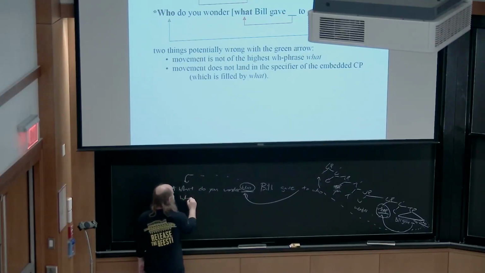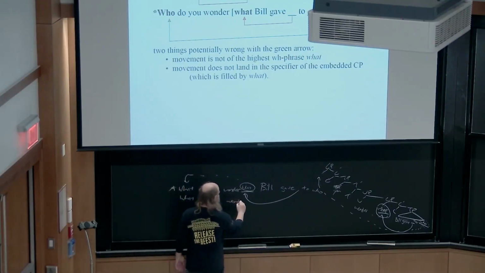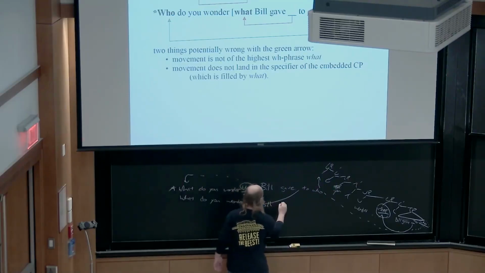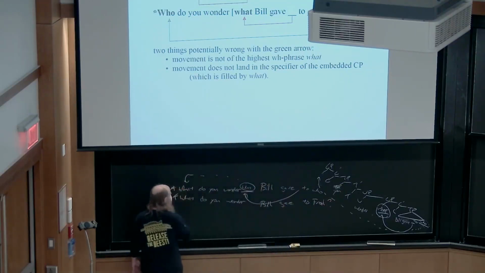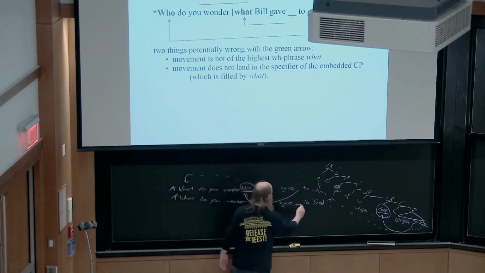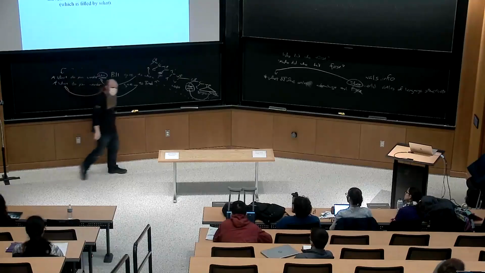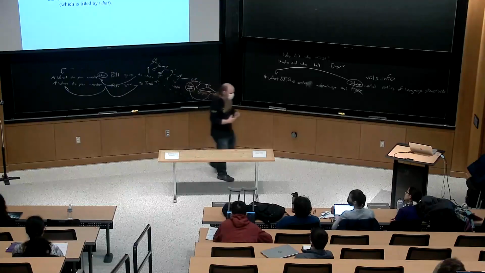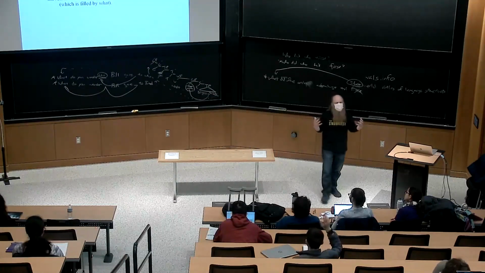It's also bad, at least for me, to say things like, what do you wonder Bill gave to Fred? This is also out. So it's just independently impossible for what to start here, move here, and then move here. It's as though you're attempting to form two questions with a single WH word, and you can't.